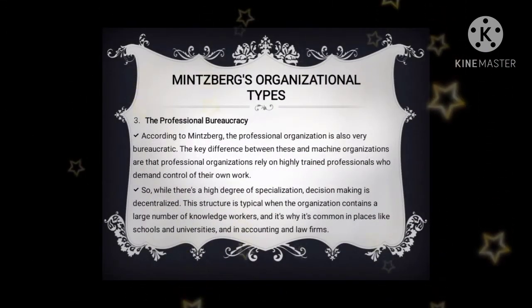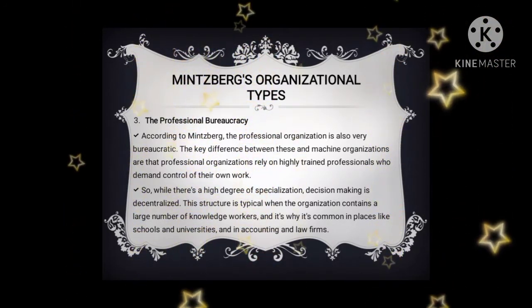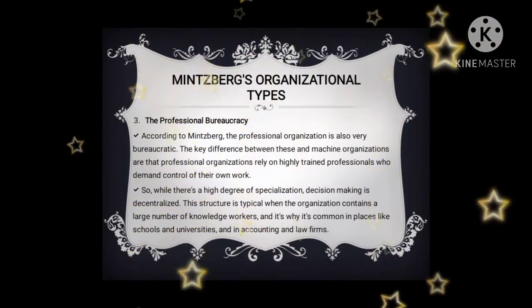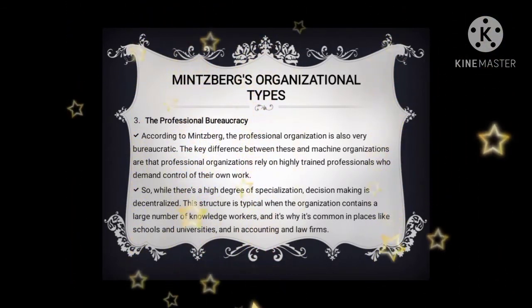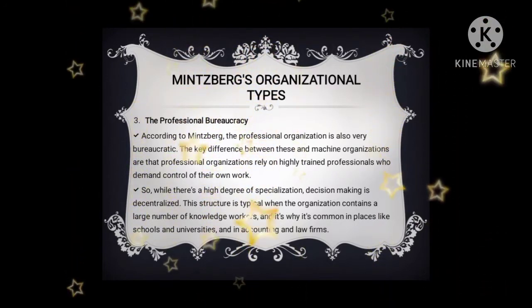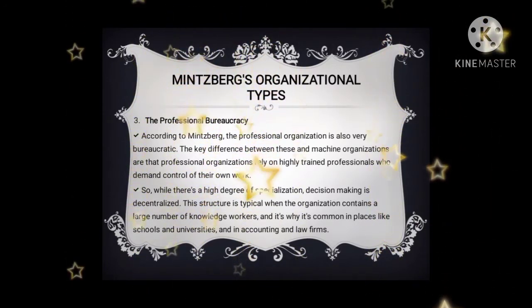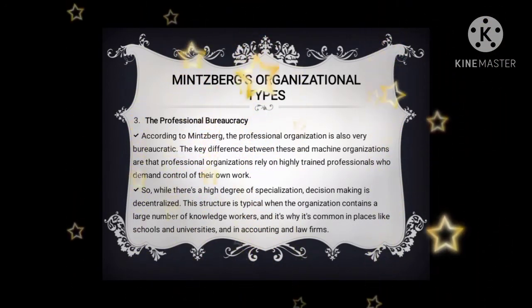Third, we have professional bureaucracy. According to Mintzberg, the professional organization is also very bureaucratic. The key difference between these and the machine organizations is that professional organizations rely on highly trained professionals who demand control of their own work.